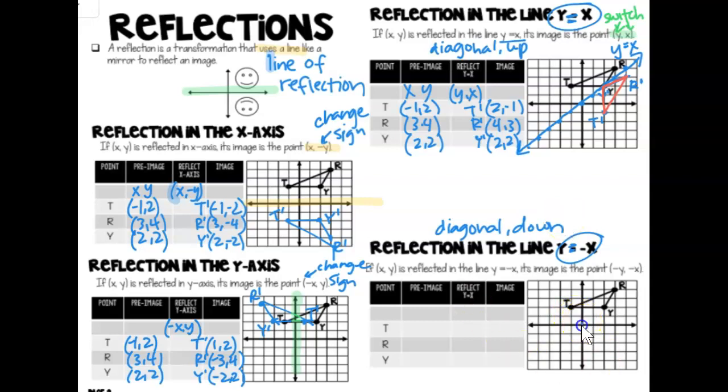So I'm going to start at (0, 0) again, and now I'm going to go diagonally down. So down 1, right 1, down 1, right 1, continue in the opposite direction, and very carefully draw my diagonal line, y equals negative x.